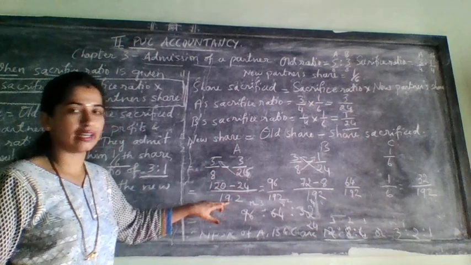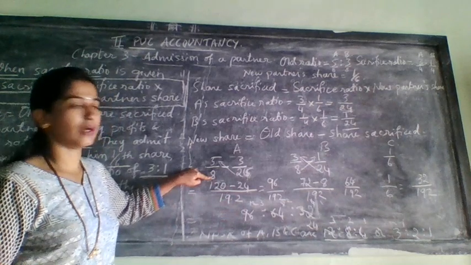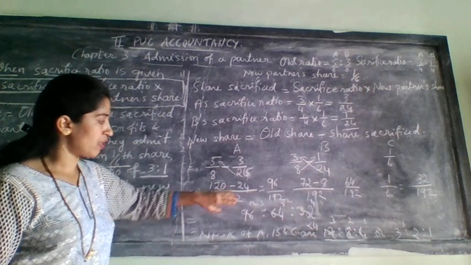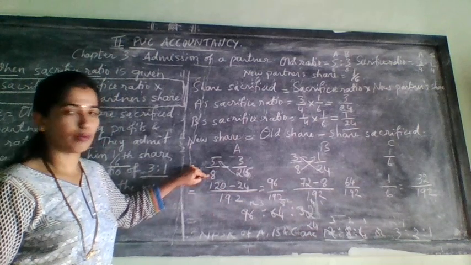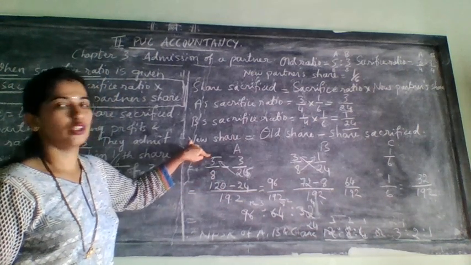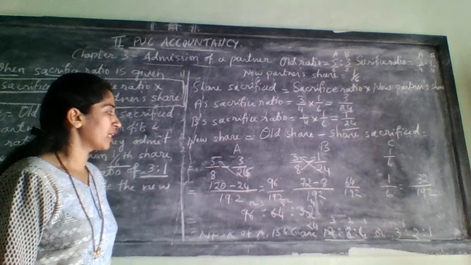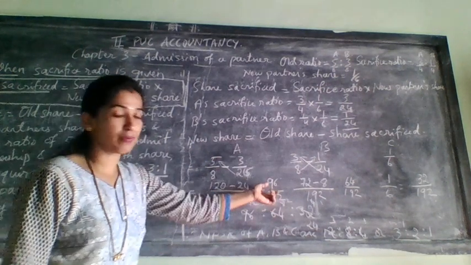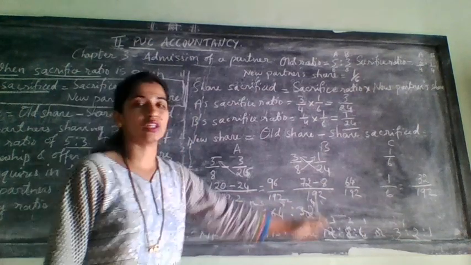25 into 8 and write here. Then whatever the answer you get, that divided by 8. That means this number divided by denominator, divided by denominator you do, and into numerator. When you do like this, obviously you will get the answer. You will get the simplified answer, or else you need to do like this only. 96, 64, 32 came.